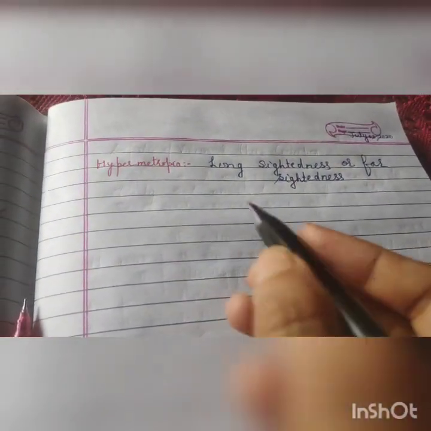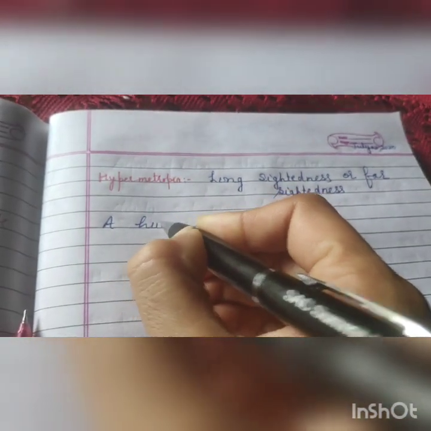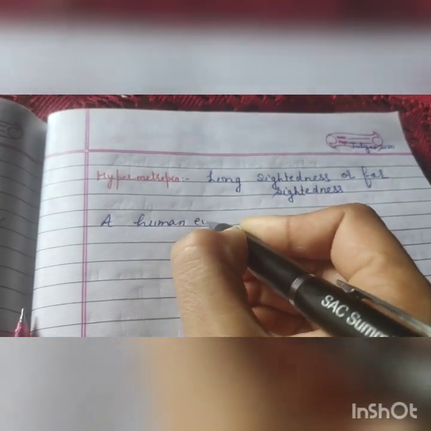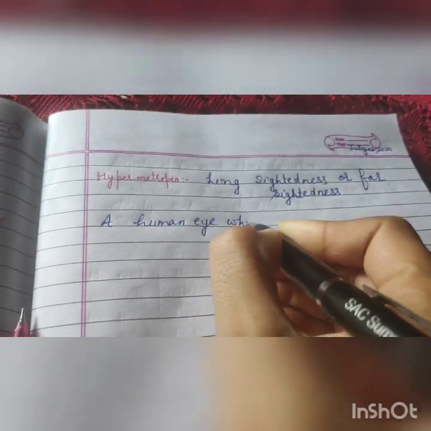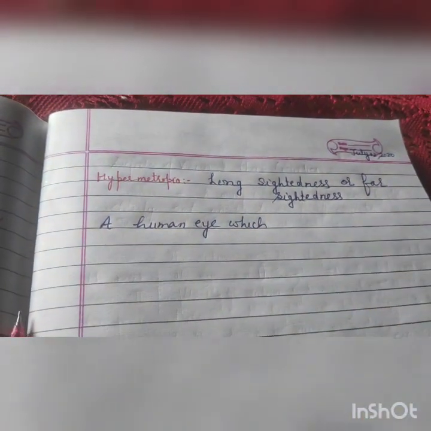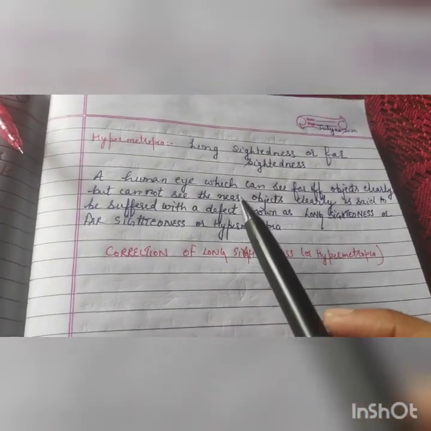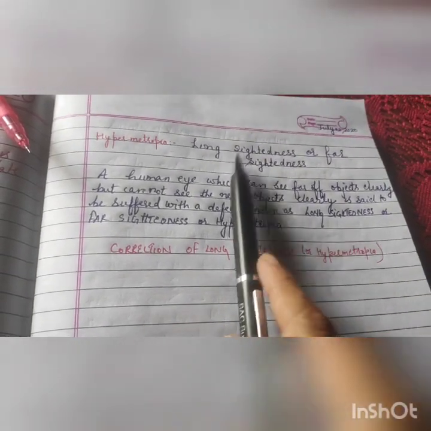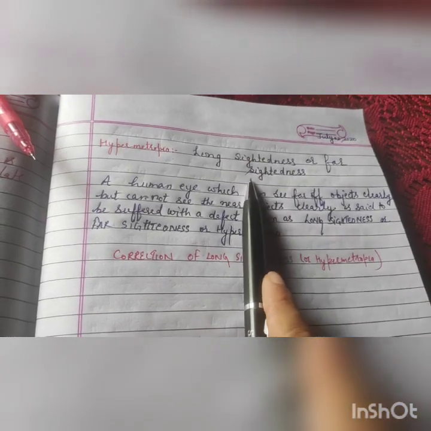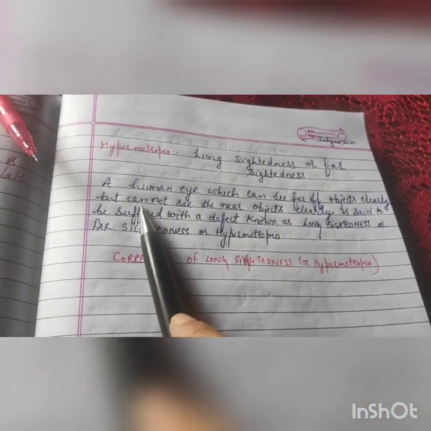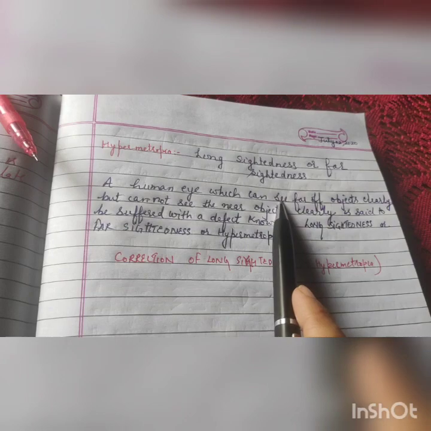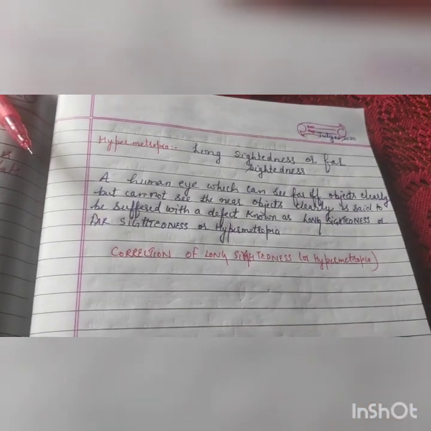A human eye which, as the name itself is suggesting, long sightedness or far sightedness, it means a human eye which can see far objects clearly but is not able to see nearby objects.